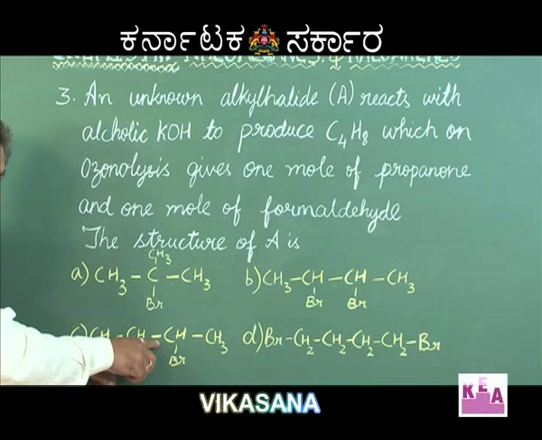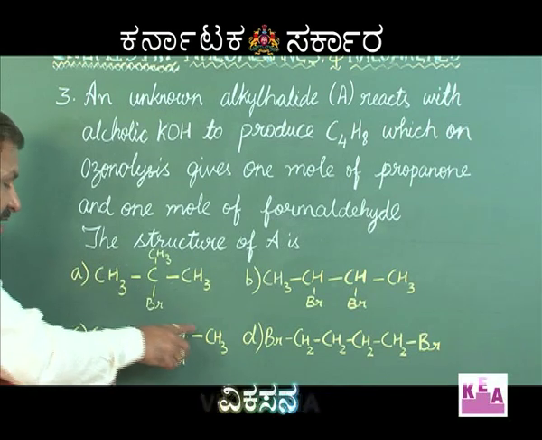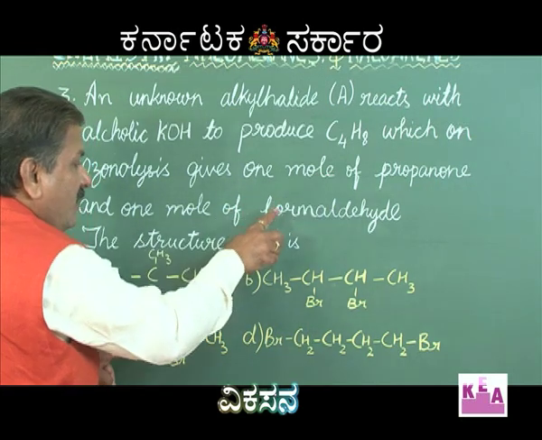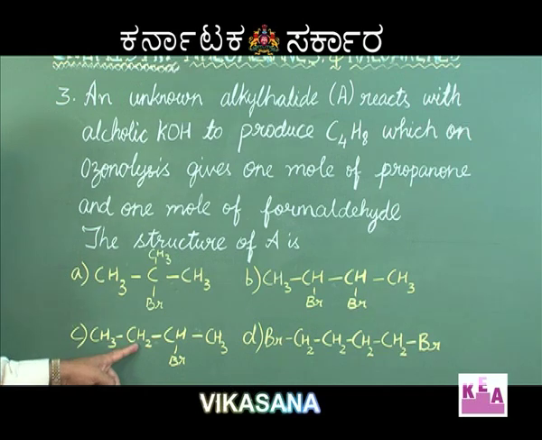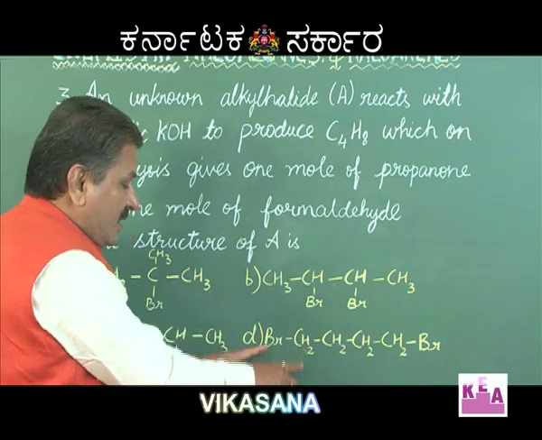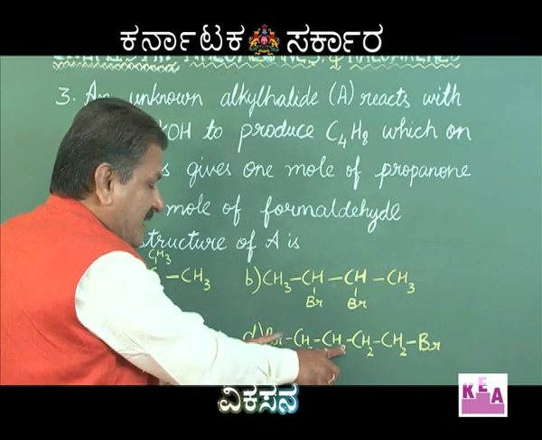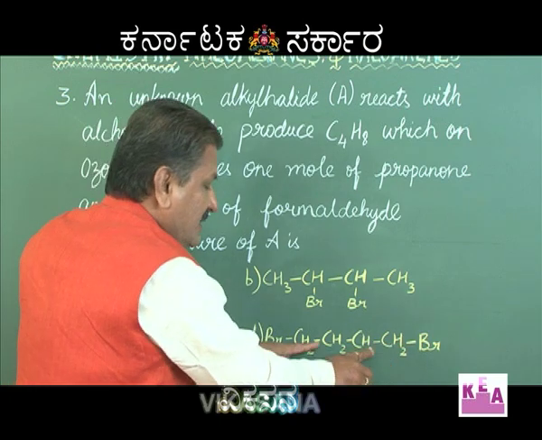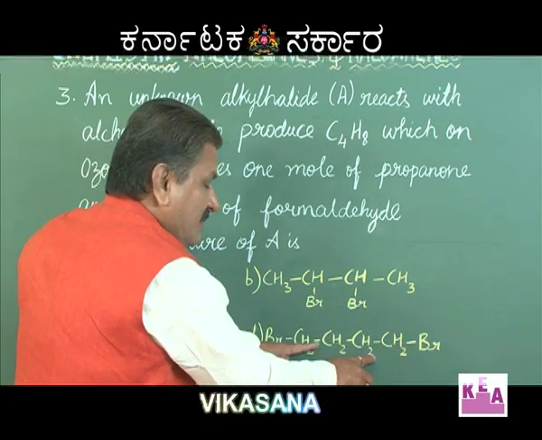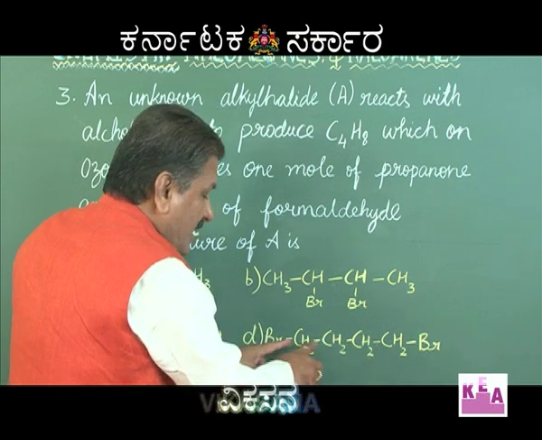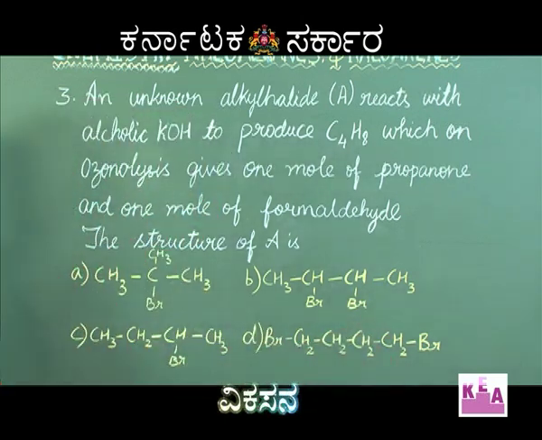If this butene is subjected to ozonolysis, the products are 2 moles of acetaldehyde, but here we have 1 mole of propanone and 1 mole of formaldehyde. On the other hand, if you take the last option, this H and this Br get eliminated and we get a double bond here, and this H and this Br get eliminated and this forms a double bond here, and this does not give the required product.